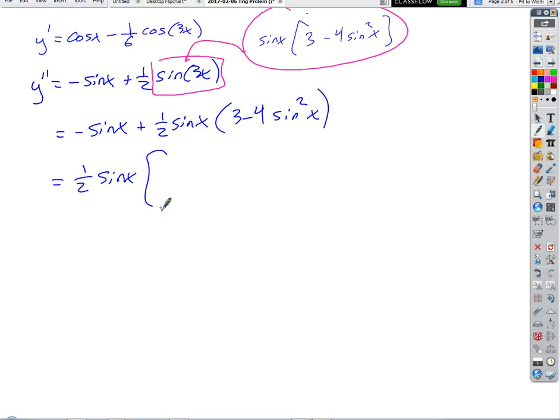So we take the 1/2 sine x, and that's gonna leave us with a negative 2, plus this stuff. Everybody agree? Okay, which is equal to 1/2 sine x times 1 minus 4 sine squared x.